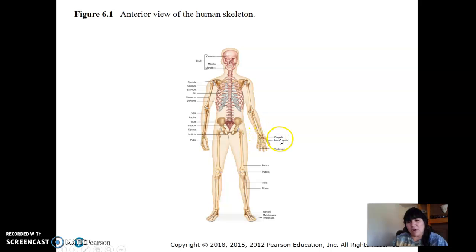In the wrist, they're called carpals. In the ankle, they're called tarsals. In the hand, they're called metacarpals. And the foot, they're called metatarsals. And the finger bones are the phalanges in the hand and in the toes. So this kind of gives you an overview of the skeleton.